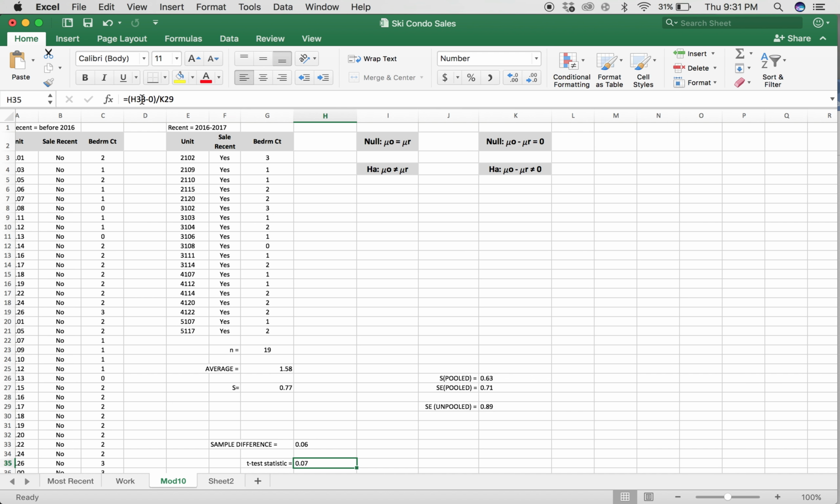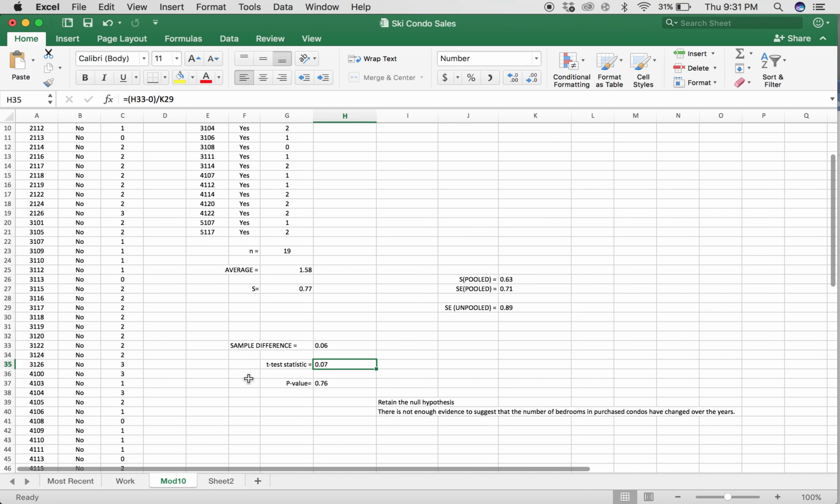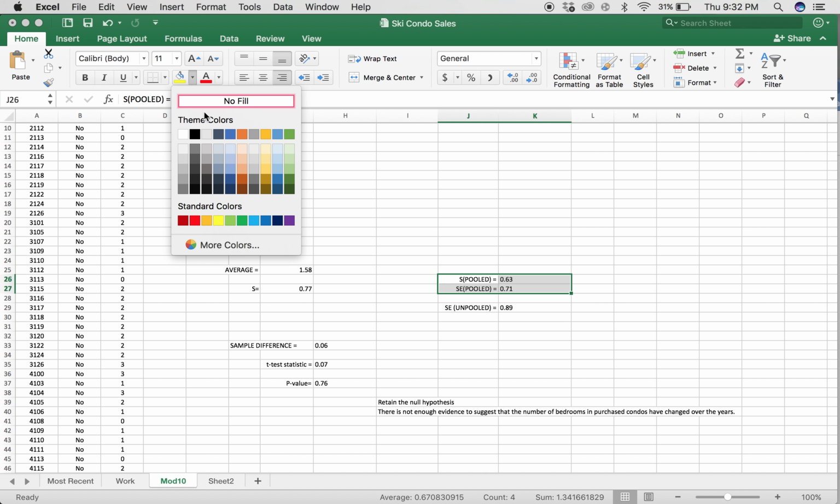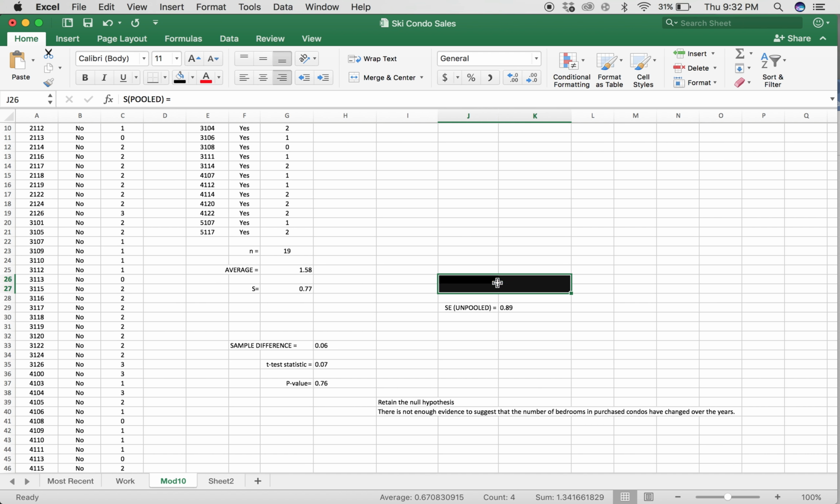Then we divide by the standard error. Again, I'm not going to go through it. I just copied the equations that she had done for her sheet, and I'm not going to run through those either, so I'll just black them out. But this was our calculated standard error for this data set.